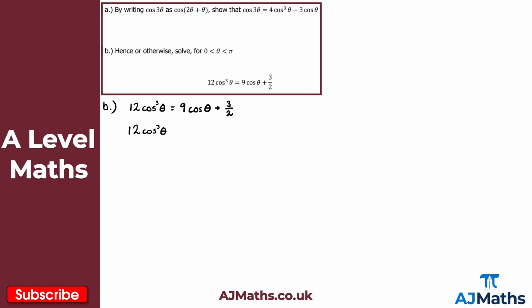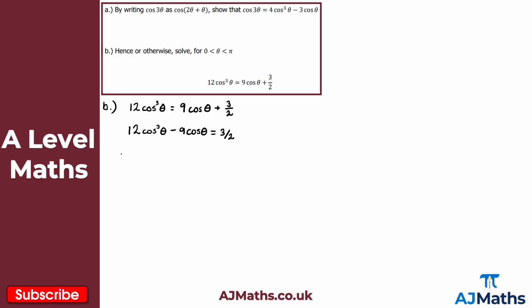So 12 cos cubed theta minus 9 cos theta is equal to 3 over 2. From here, this looks pretty close to what we have on the right-hand side. In fact, it's just 3 lots of this.